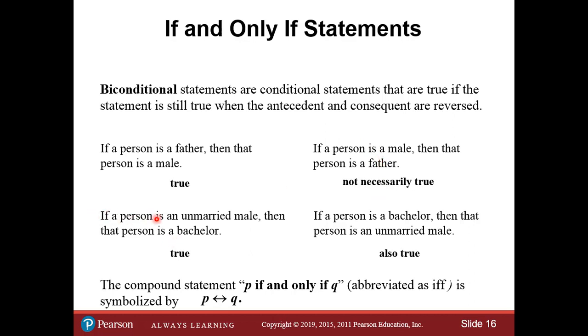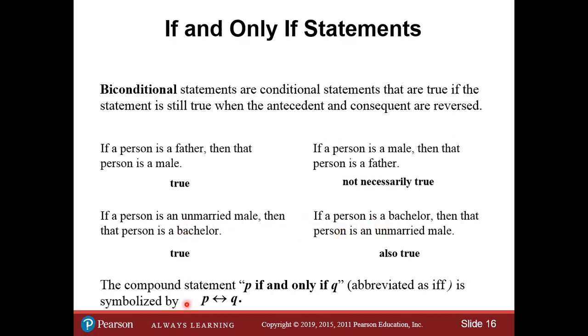If a person is an unmarried male, then the person is a bachelor. That's true by definition. If a person is a bachelor, then that person is an unmarried male. That is also true. Okay, so this is biconditional, means that it goes both ways.